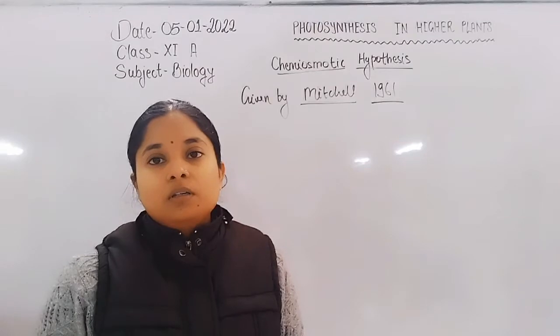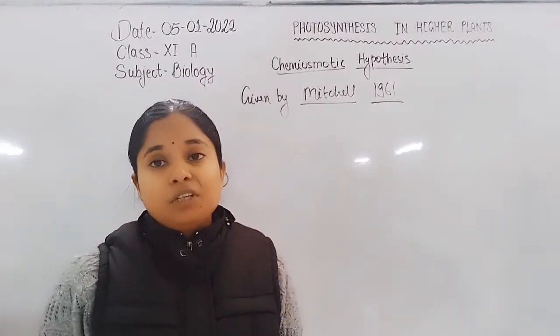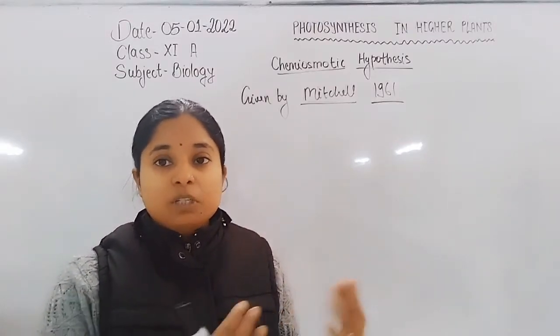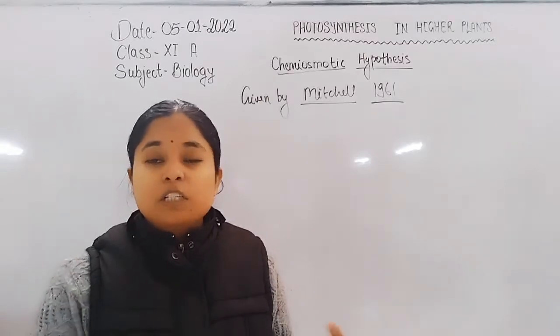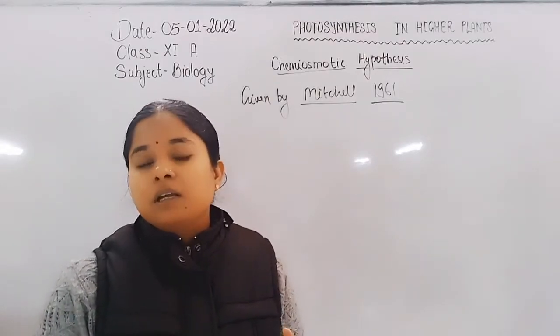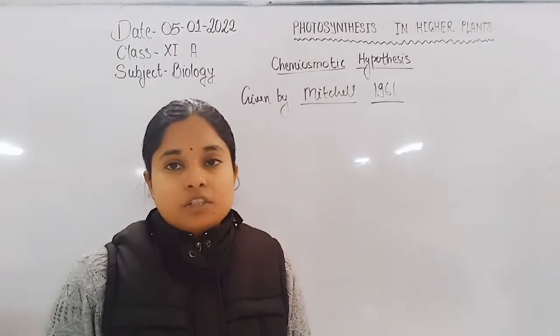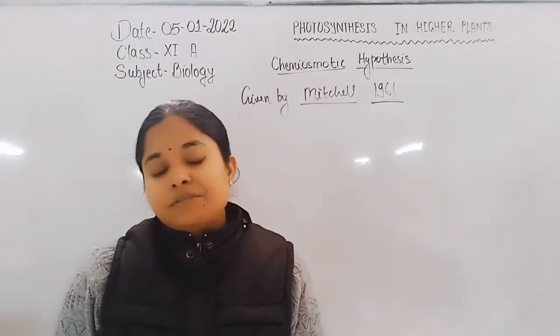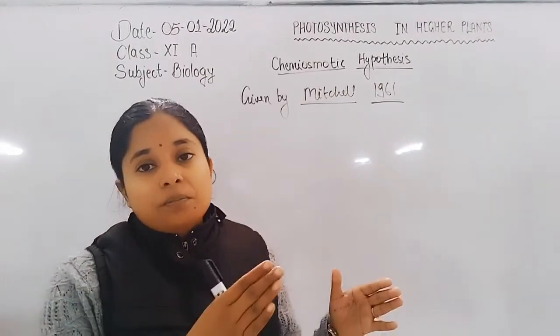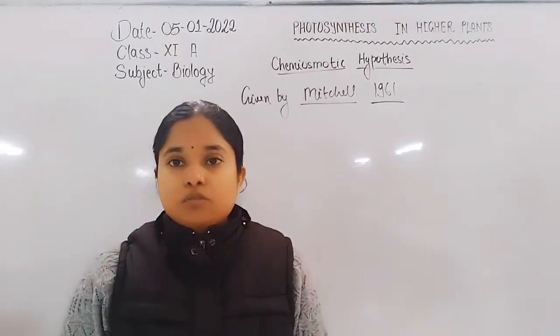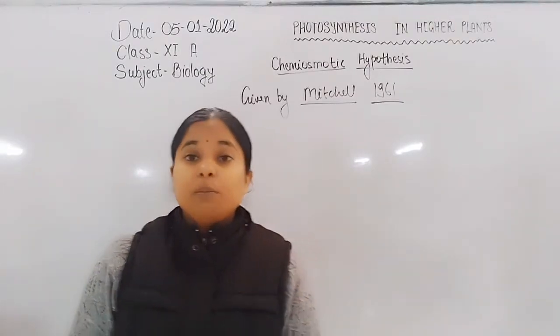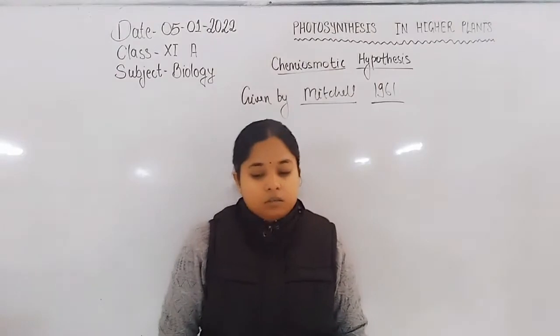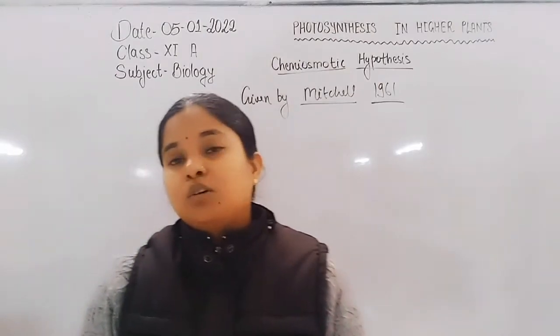So for recovery of the electrons that are emitted from the reaction center, the splitting of water always takes place. That is why the protons increase inside the lumen, from the protons released by the splitting of water.